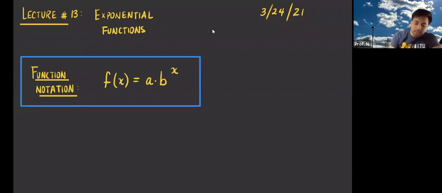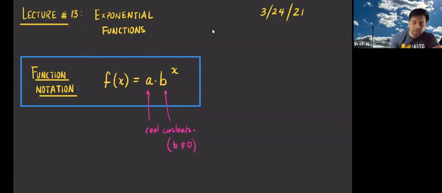Now I want to highlight certain things from this function notation. A and b, they're constants, okay? They're real constants. One thing is that the b value normally cannot equal 0.